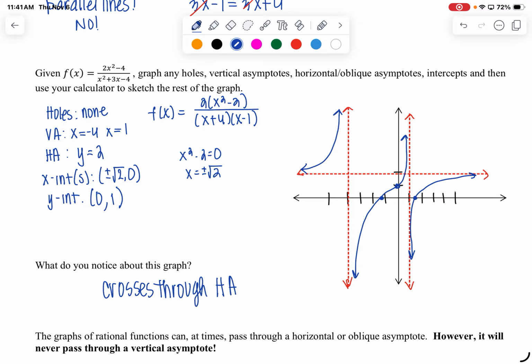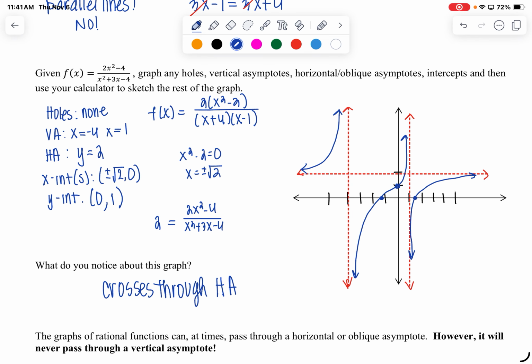So in order to see if they intersect, I'm going to set the horizontal asymptote, which is 2, equal to my equation, which was (2x squared minus 4) over (x squared plus 3x minus 4), and I'm going to solve that.